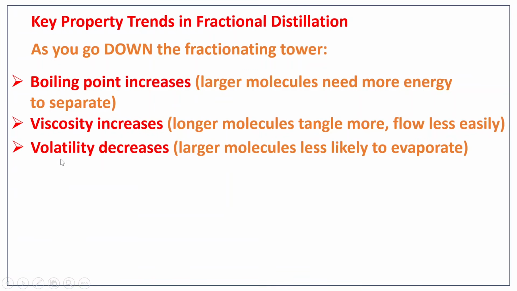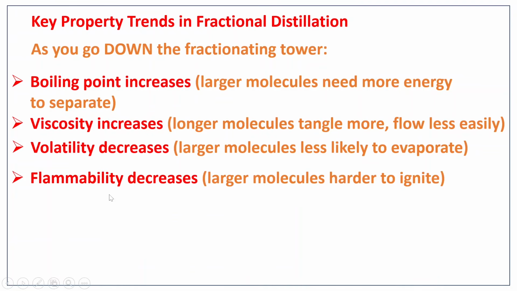We are saying volatility decreases, meaning that larger molecules are less likely to evaporate. So volatility is the ability to do what? The ability to evaporate easily. So as you go down the fractionating tower, you discover that the volatility decreases.